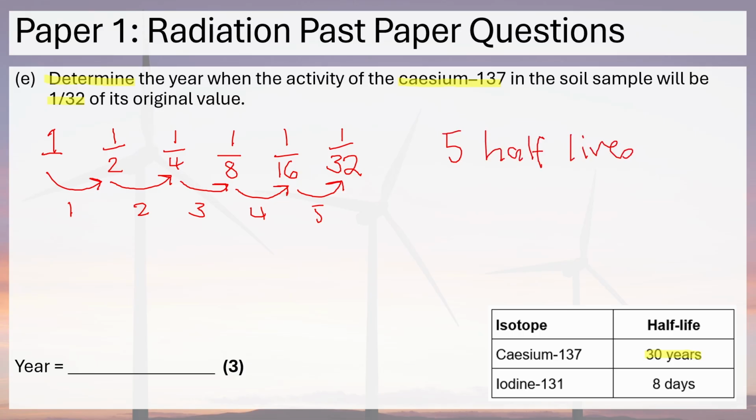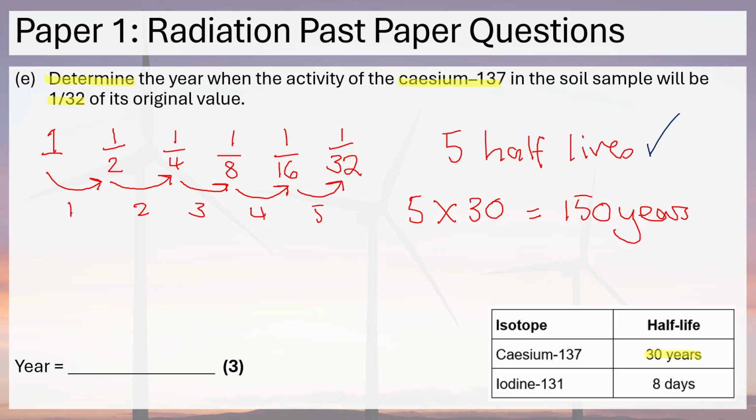Now you're going to get a mark for working that bit out. So we know that one half-life is 30 years, so 5 half-lives times 30 is going to give us 150 years. So that's how long it takes for the activity of the cesium to halve 5 times to get down to 1/32 of its original value.